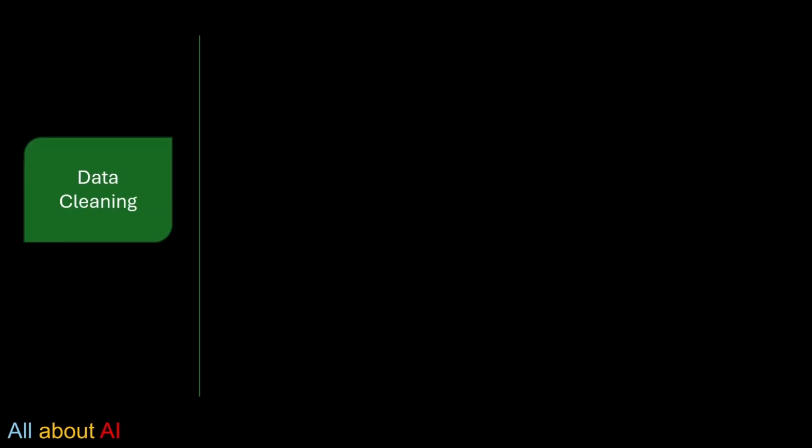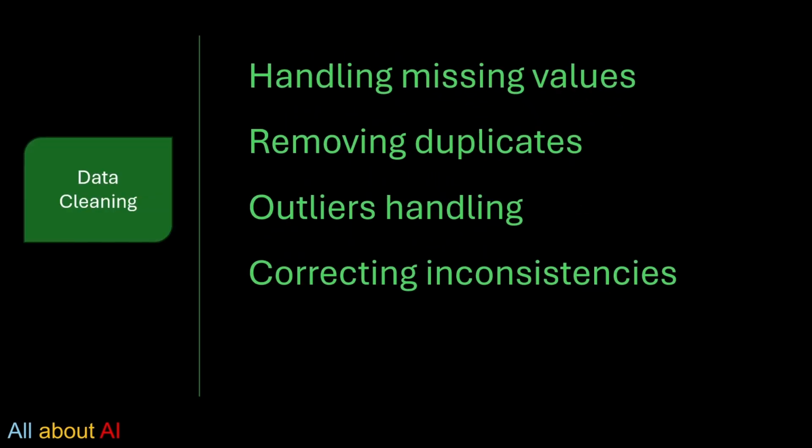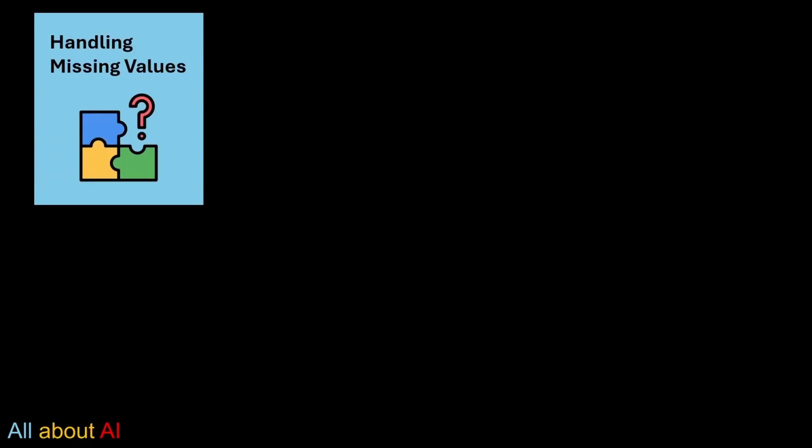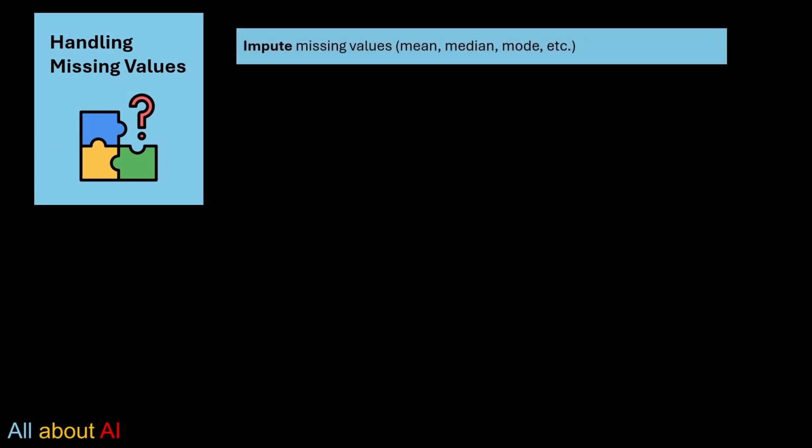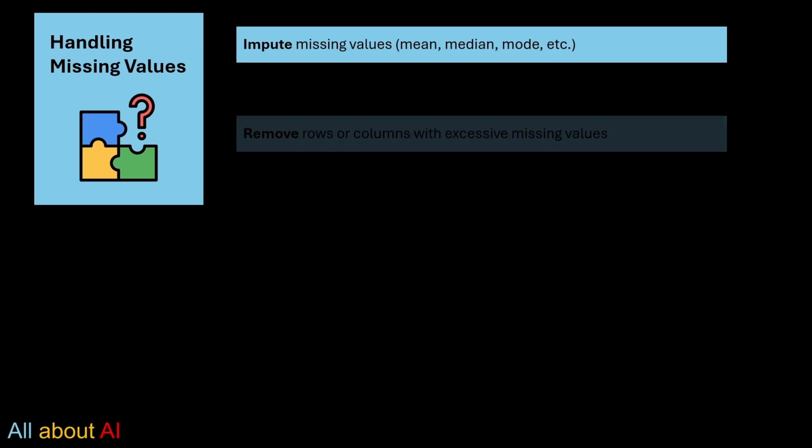There are 4 key areas of data cleaning: handling missing values, removing duplicates, outlier handling, and correcting inconsistencies. Now, how do you handle missing values? One way is to impute missing values through statistics like mean, median, mode.